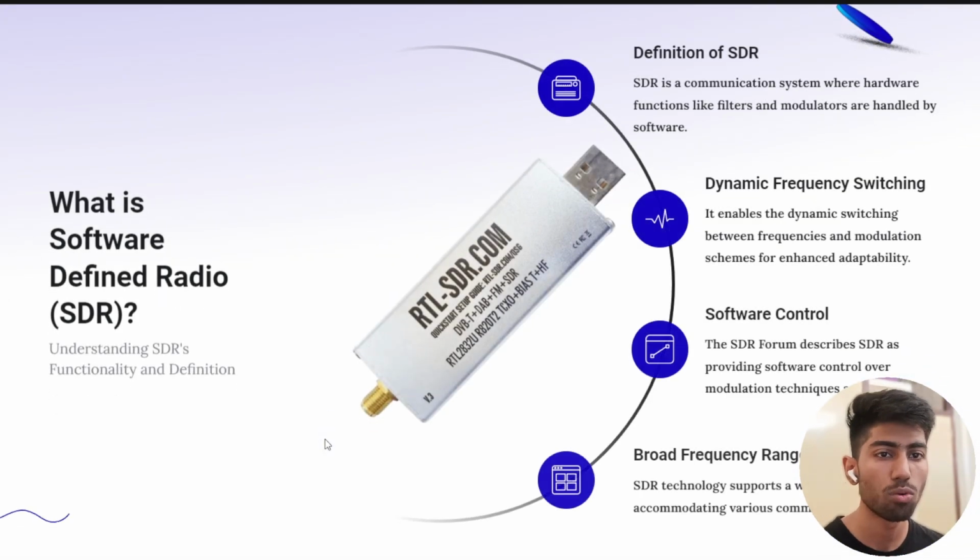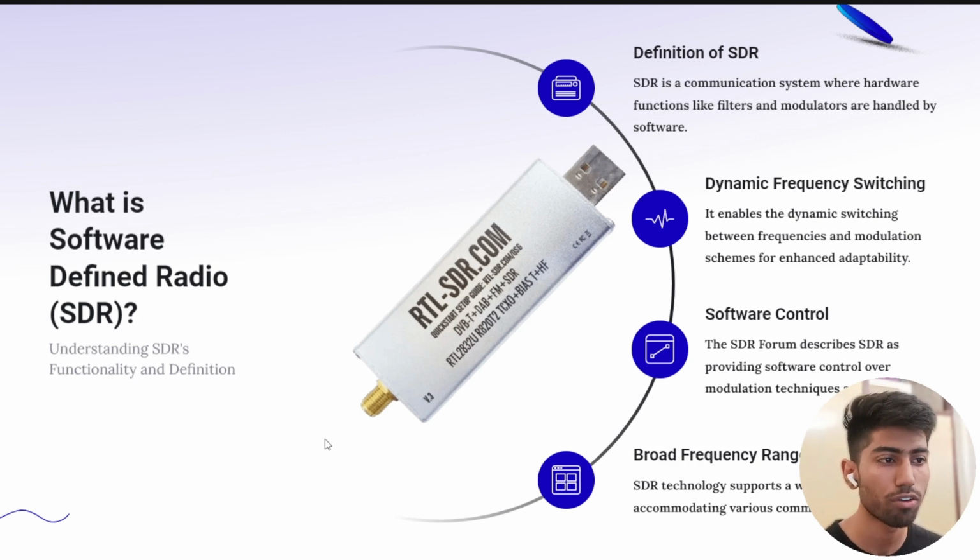So basically, what is software-defined radio? SDR is a communication system where hardware functions like filters and modulators are handled by software. In SDR, software integration controls the hardware part and enables dynamic switching between frequencies and modulation schemes for enhanced adaptability.